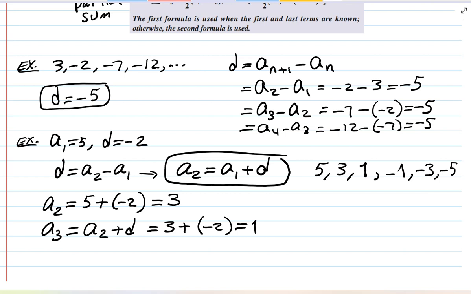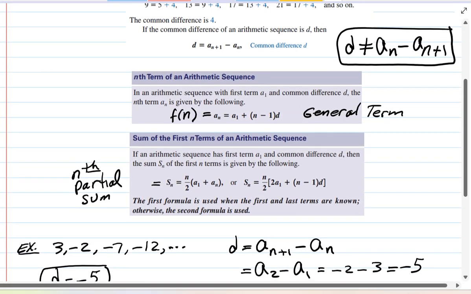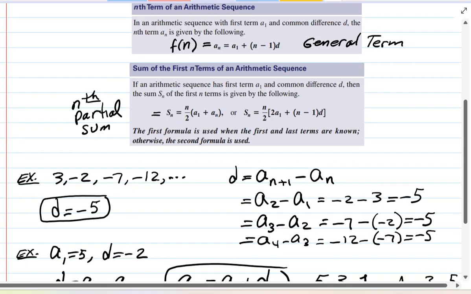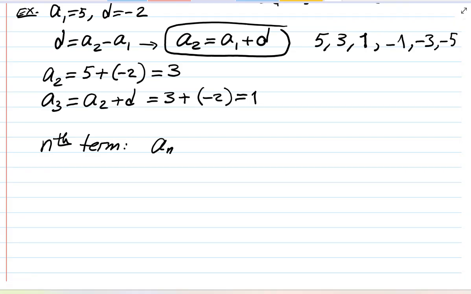Now, what if I want to find the general term? Remember, the formula for the general term is a sub n equals a sub 1 plus n minus 1 times d. So I'm going to write this. This is the formula for the nth term: a sub n is a1 plus n minus 1 times the common difference.